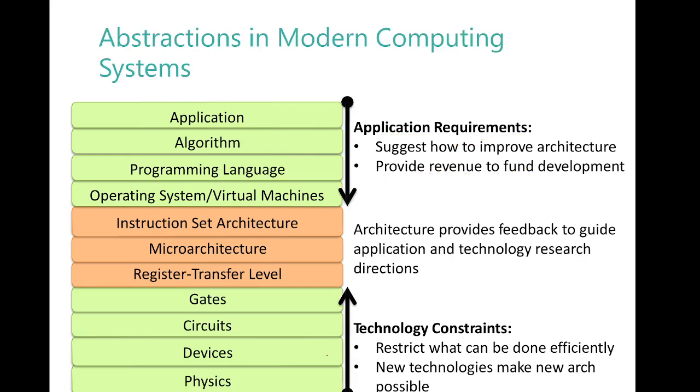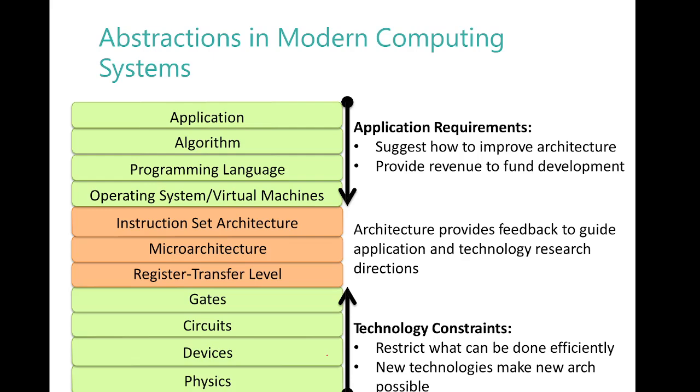So you see that these abstraction layers actually drive the architectural innovations. Applications drive or push the different abstraction levels to achieve the required performance for that particular application.